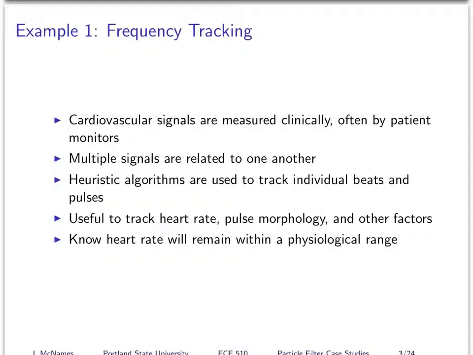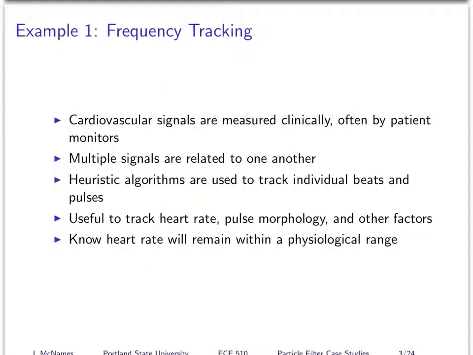These are all cardiovascular signals, and they contain arguably a wealth of information that can help clinicians take better care of their patients. They're already monitored today in commercial patient monitors, but the algorithms used to analyze them are heuristic. By that, I mean some engineers sat down, analyzed the signal, and designed an algorithm using the filters and thresholds and detectors and tools that we're all accustomed to.